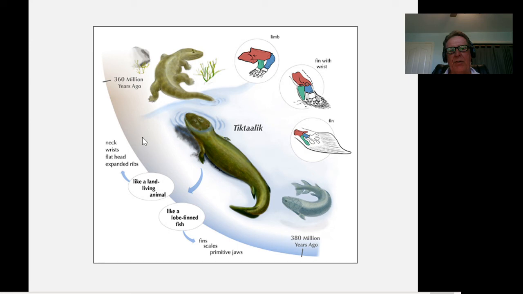So in that 20 million year interval, we go from these lobe fin fish with fins that look like this, to fins with a wrist and Tiktaalik, and then to normal limbs, things like Acanthostega, and E. watsoni would fit right in here with Tiktaalik, somewhere down in the center. So it was a true transitional, much better preserved than Tiktaalik rosae. It gives us some insight into the evolution of limb in the tetrapod.